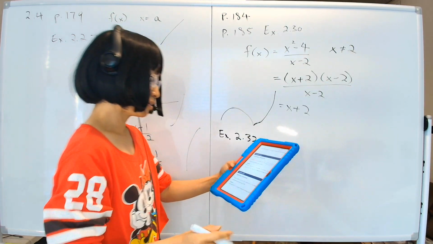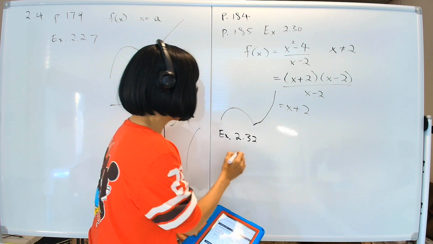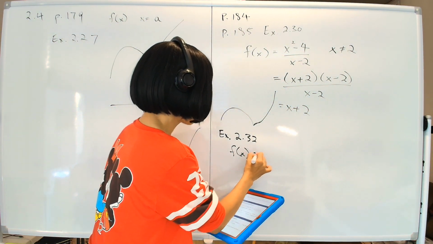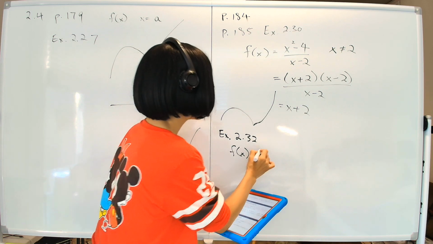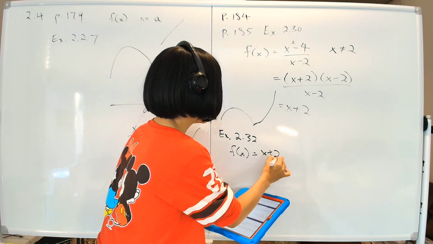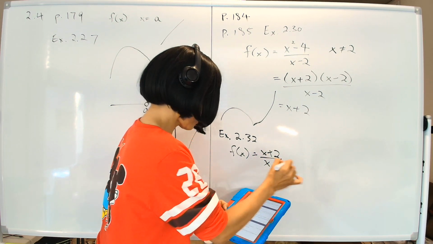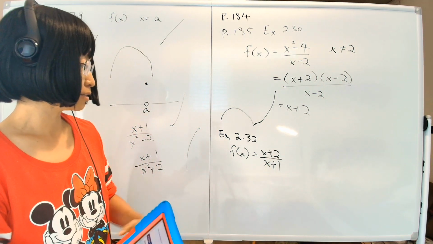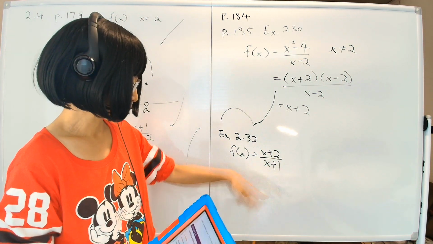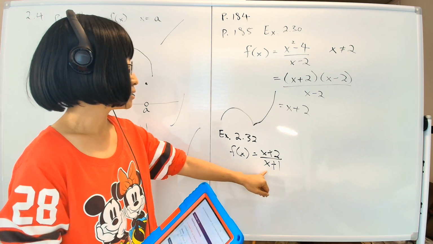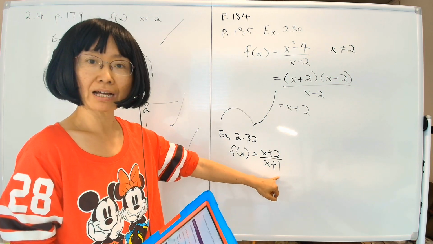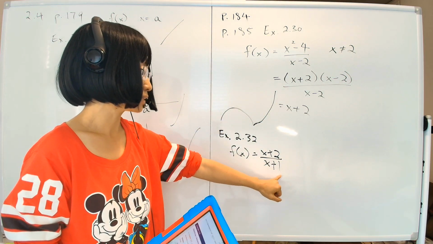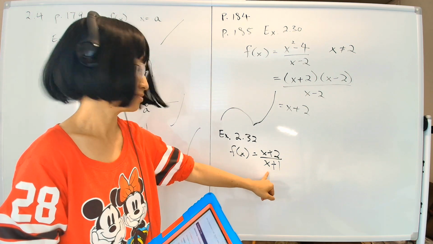So this time you have a simple rational function, f of x equals x plus 2 over x plus 1. Whatever this thing looks like, you know it's going to crawl to infinity, both directions, at -1, right?